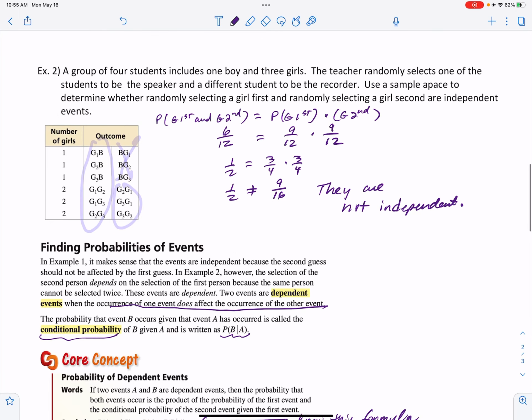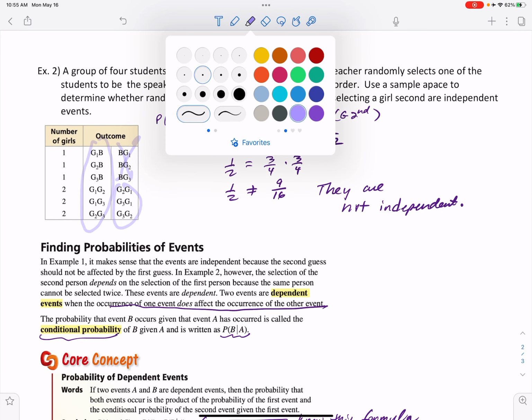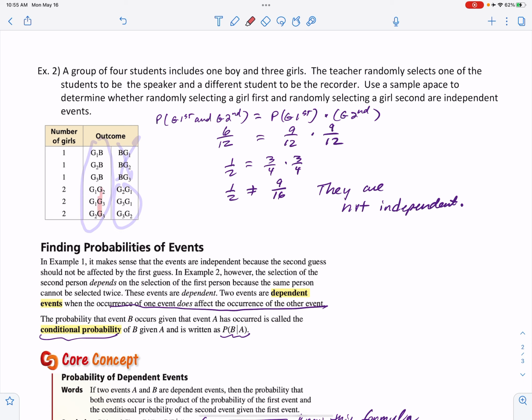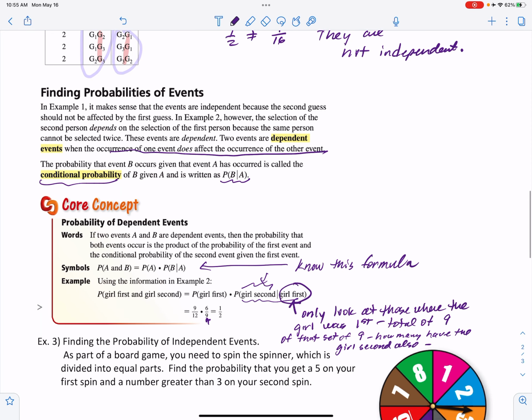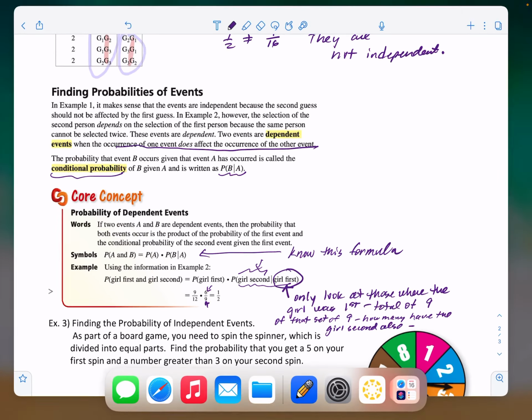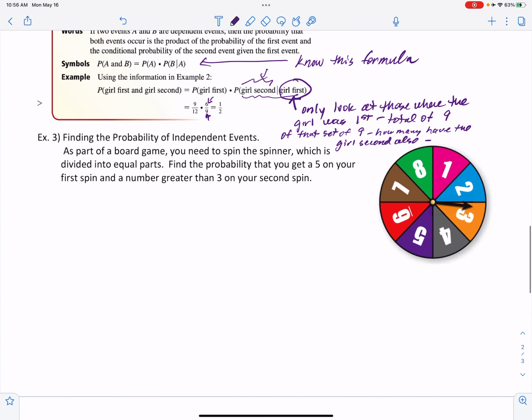And so if I go up here and I look out of that set, how many have the girl second? 6 of those 9. And so that is that numerator. So that probability that the girl is second, given that the girl is first, is calculated differently than what we did before. And in that way, it does equal the 1/2, which we get in example 2.